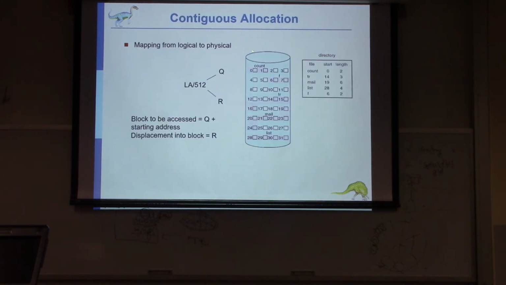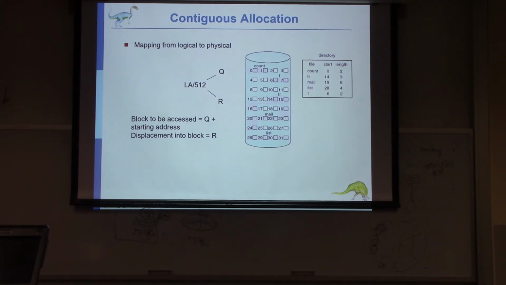By the way, with contiguous allocation, if we know the offset, do we need to access from the beginning? No, we can calculate, actually. If we know the offset of the data, like the 1000th byte, 1000 byte means the second block. So we can calculate that the second block is 50.